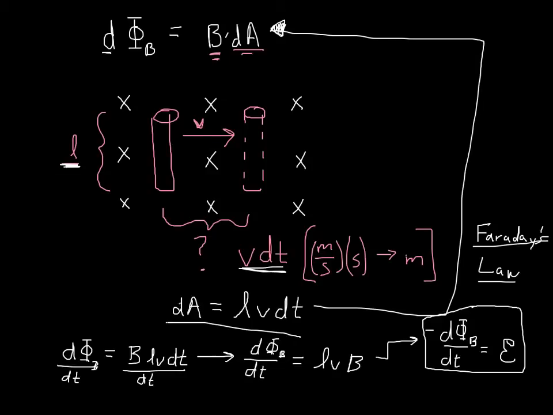One of the most puzzling parts of this is where this little negative sign comes in. And this comes from something called Lenz's law. So just for clarity's sake, we'll restate Faraday's law, which we got by deriving it from considering Gauss's law for magnetic fields.